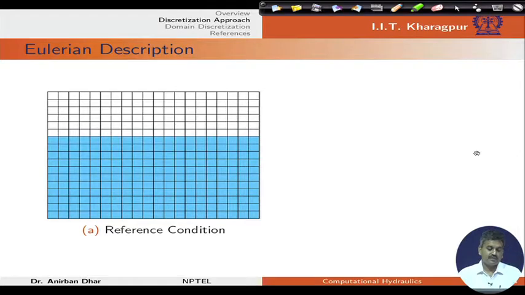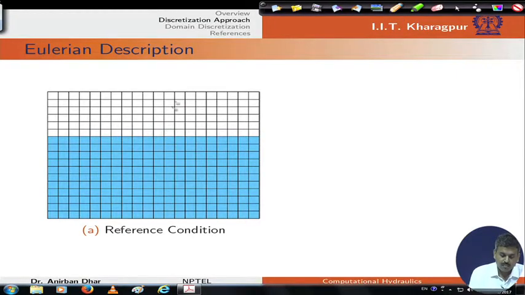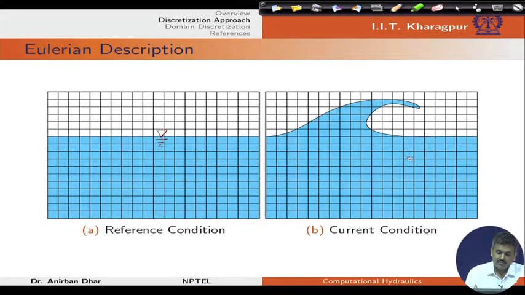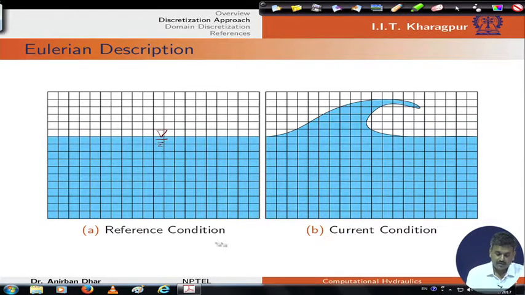So, what is this Eulerian description? Let us say that we have one flow domain where water level is up to this mark. We can divide this domain into grids, and with this information, if we proceed, this is our reference condition and this is the current condition.